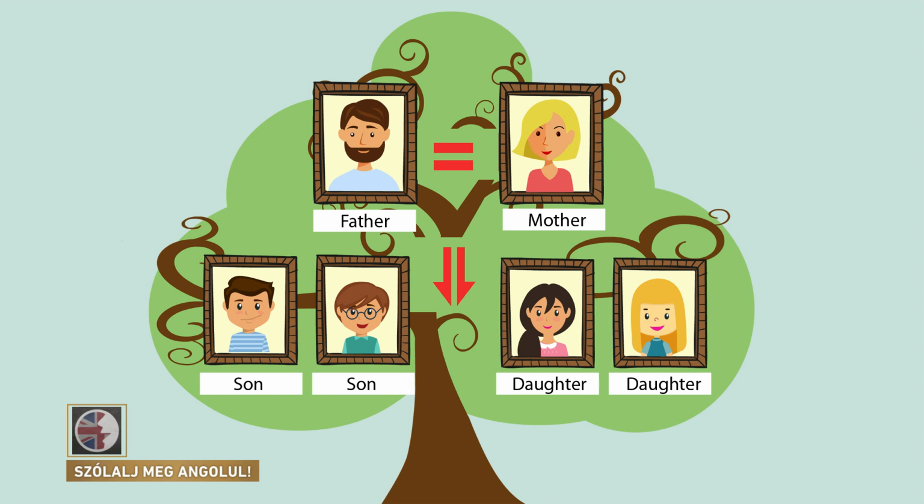They are her sons. Elizabeth is Mary's daughter. She is her daughter. Doreen is Mary's daughter. She is her daughter. Elizabeth and Doreen are Mary's daughters. They are her daughters.